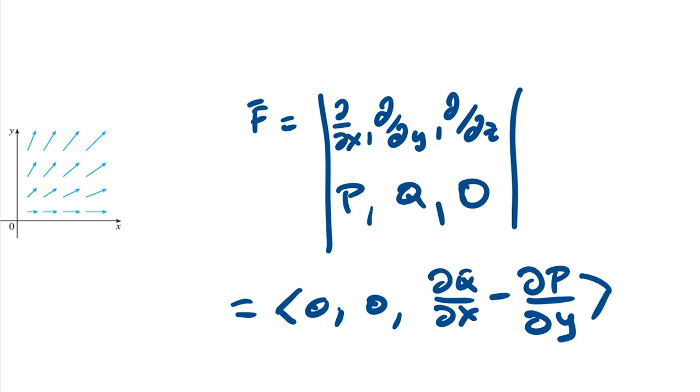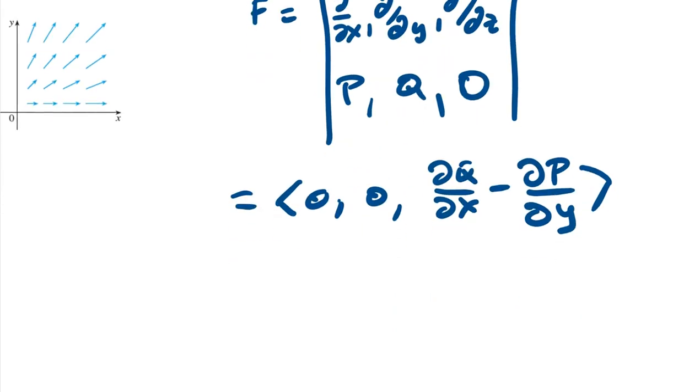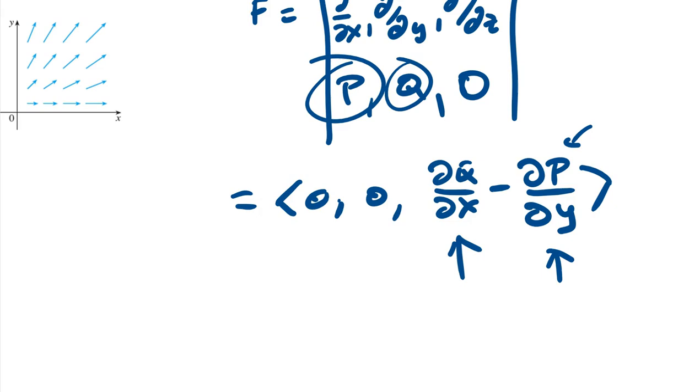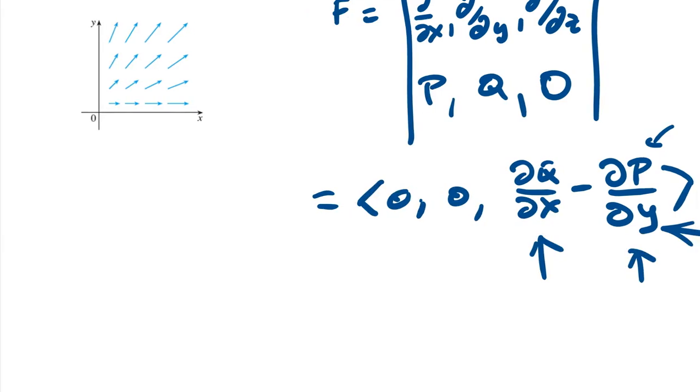So we have to see what the y values of the vectors are doing in the x direction, and what the x values are doing in the y direction. Remember, F is the x coordinate and then the y coordinate. Let's look at the partial of Q with respect to x.